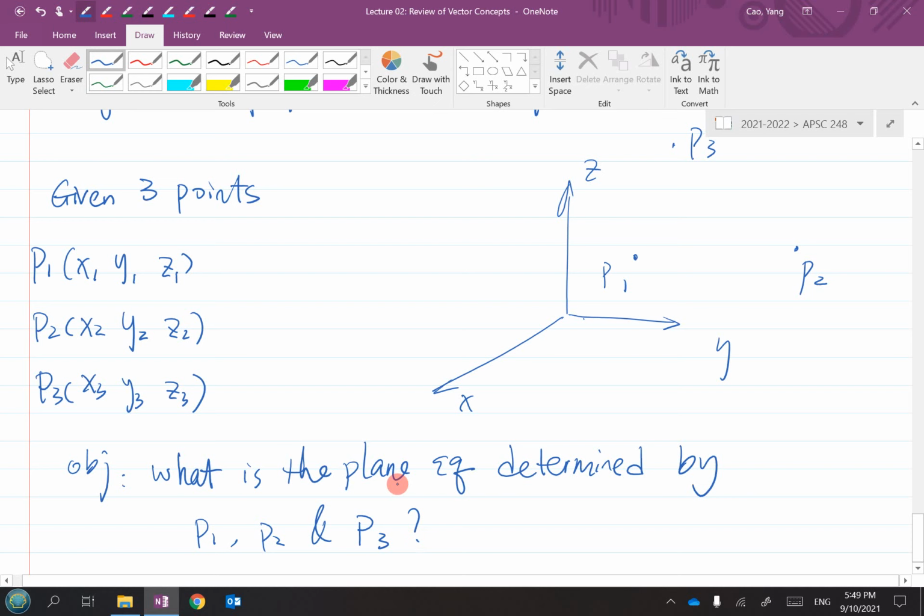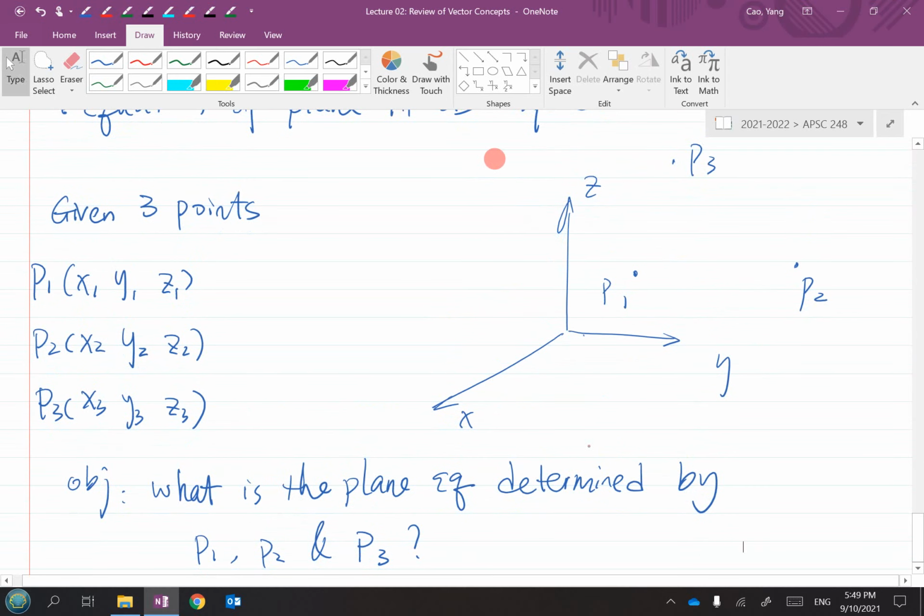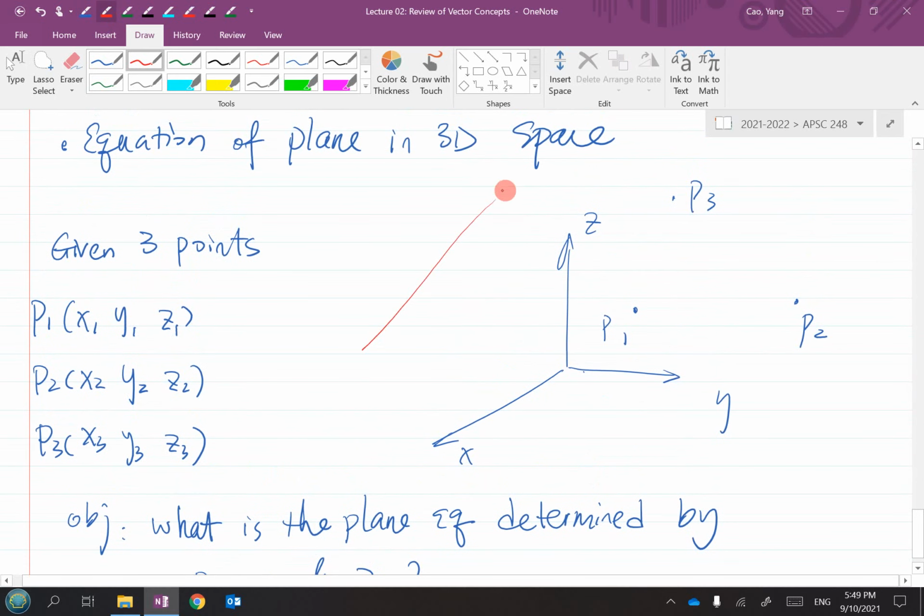Right? So to find the plane equation, here's our approach. We're probably not going to be able to solve it today, but here's our approach. I'm going to draw the plane first, just as an illustration that we have a plane here passing through the 3 points.